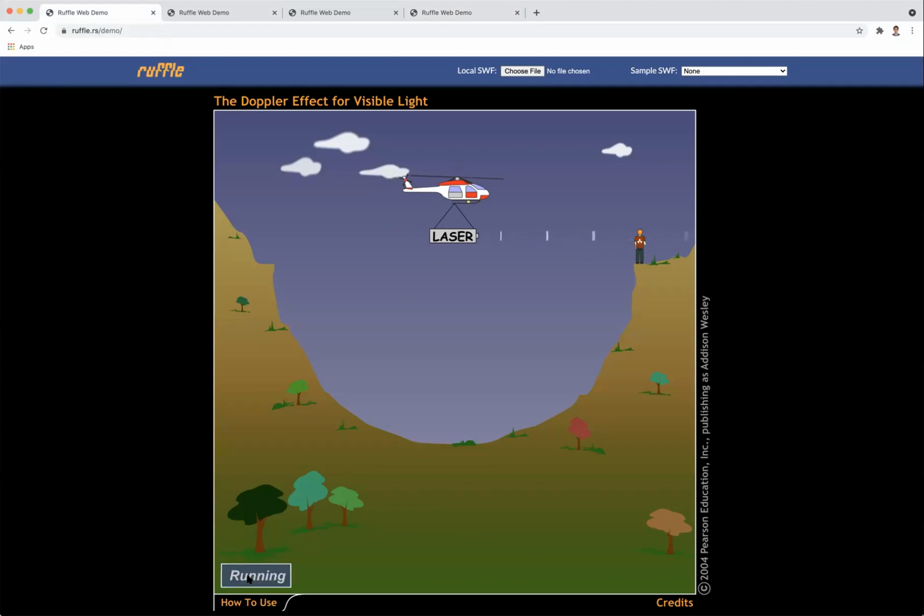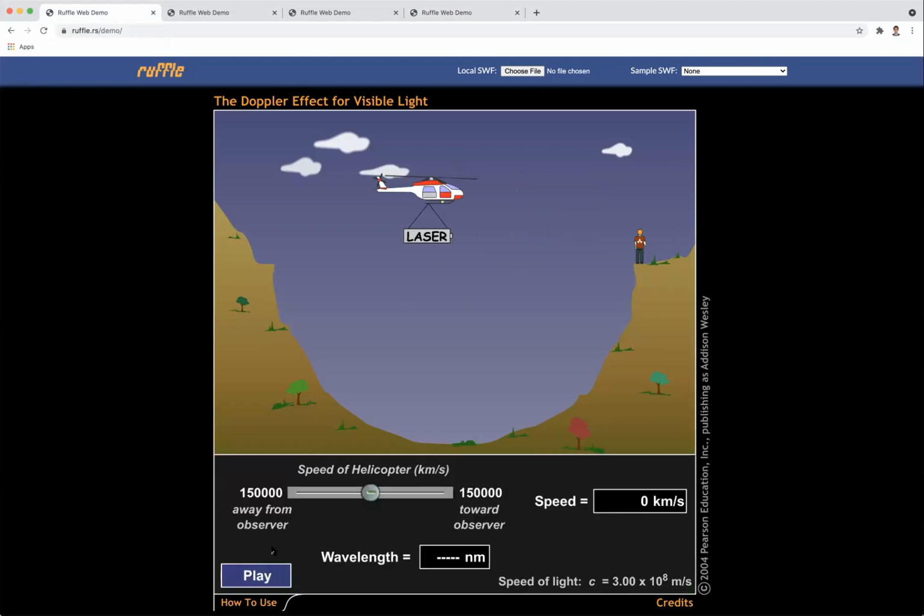However, if it starts to move, then you can see that these wavelengths are getting compressed. They're getting closer to one another. You can also change the velocity of the helicopter here, to very low, so you can see what I'm talking about.